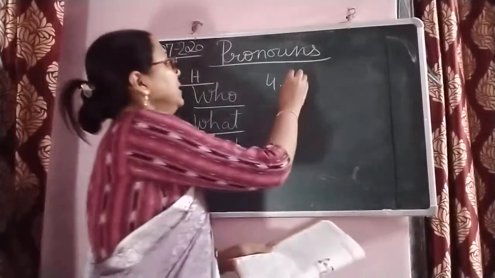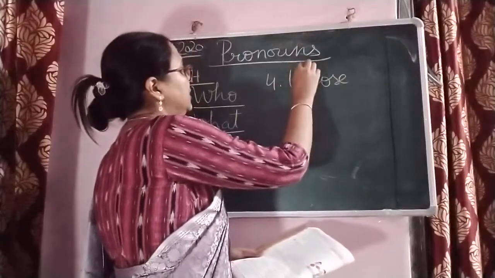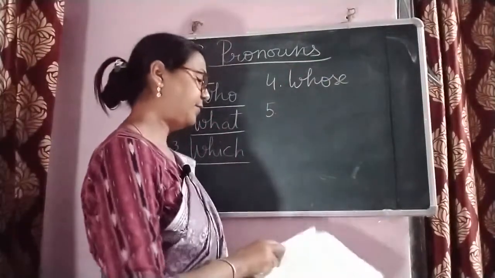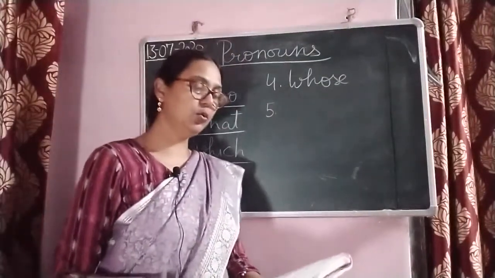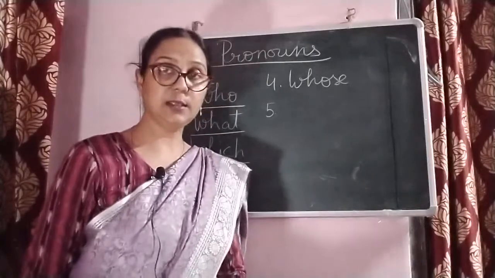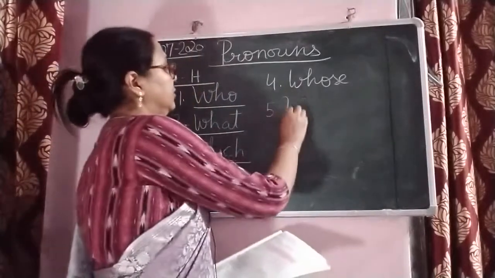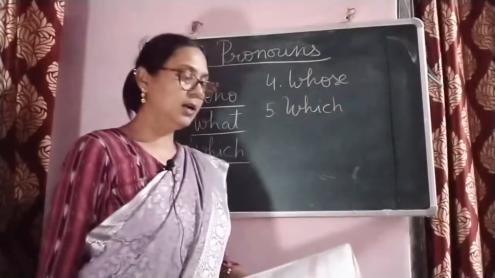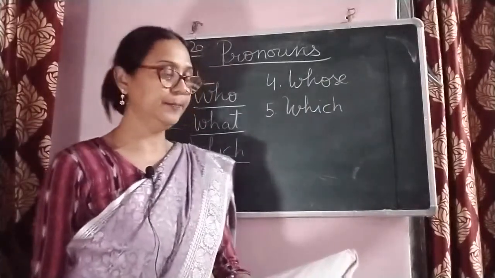Whose textbook is this? Now fifth, dash is the shortest route to New Delhi. Here you can see we are going to use which. Which is the shortest route to New Delhi?